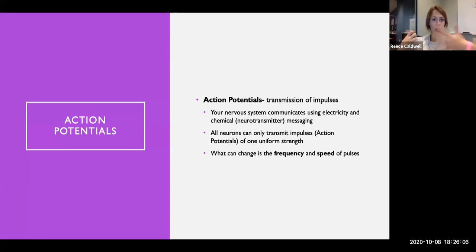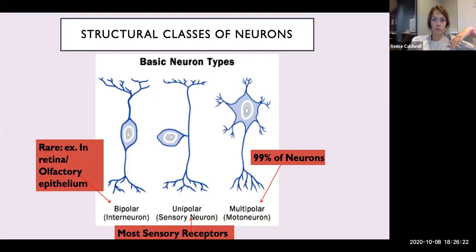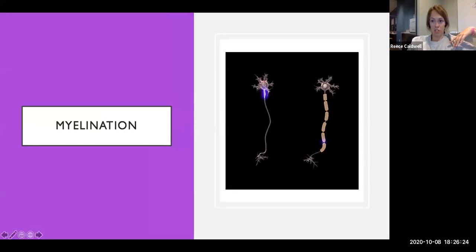So, you know, we use electrical impulses, and we also use neurotransmitters like acetylcholine, you know, different hormones, things like that. And those will transmit via action potentials. So action potentials are just, that's an action potential. That impulse of energy right there, that transmission of an impulse, that's an action potential.